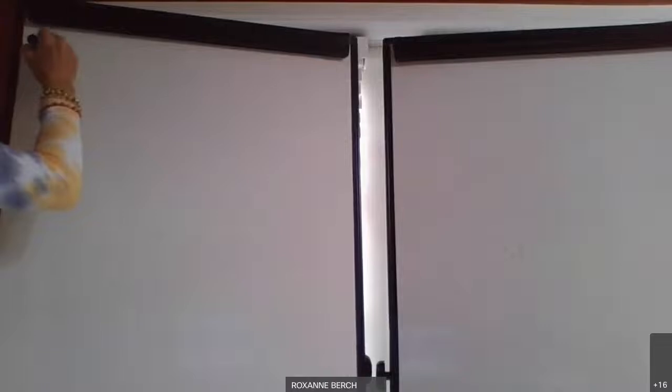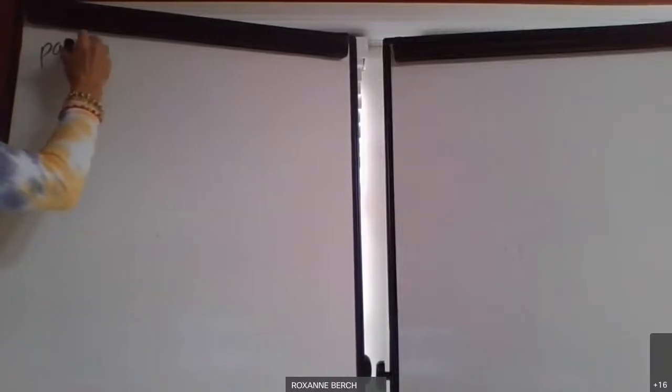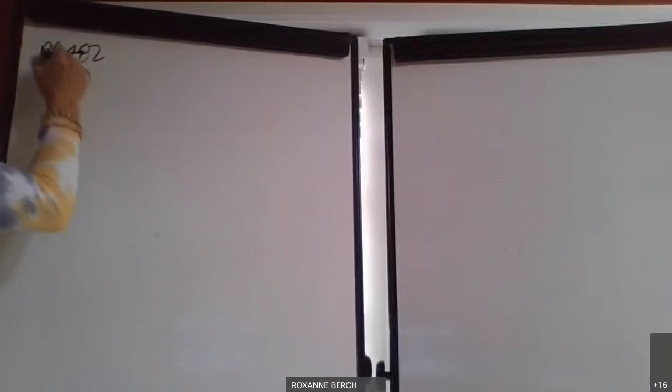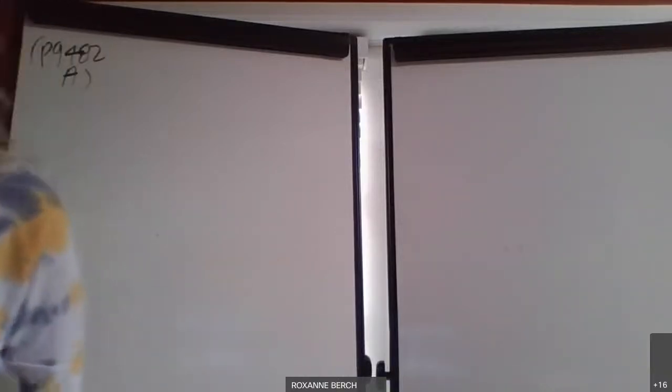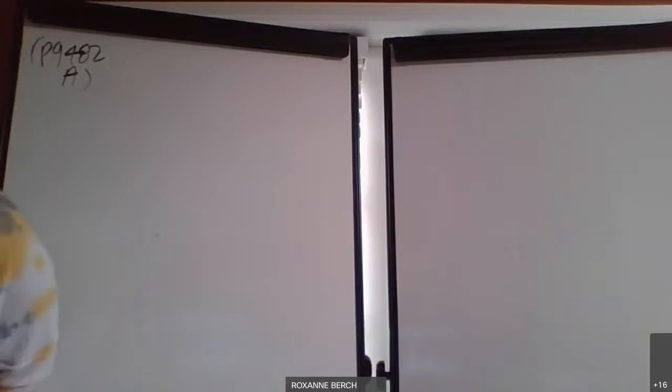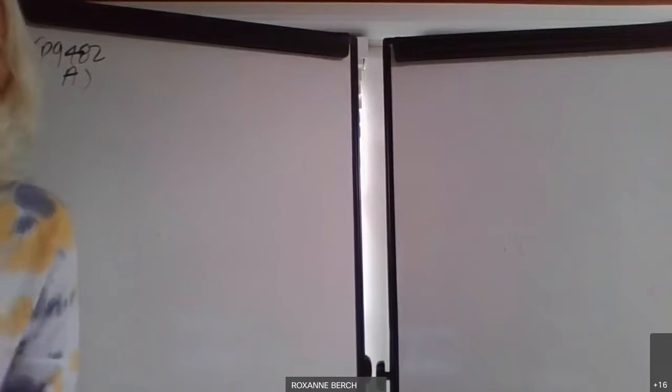Okay, so this is on page 482, A. This problem has to do with distance. So read with me. The function d gives the distance, d in feet, that an object falls in t seconds. Write the inverse function, t of d.